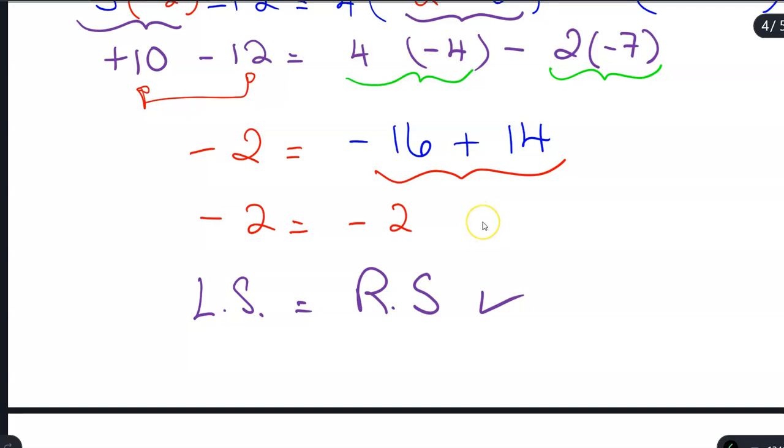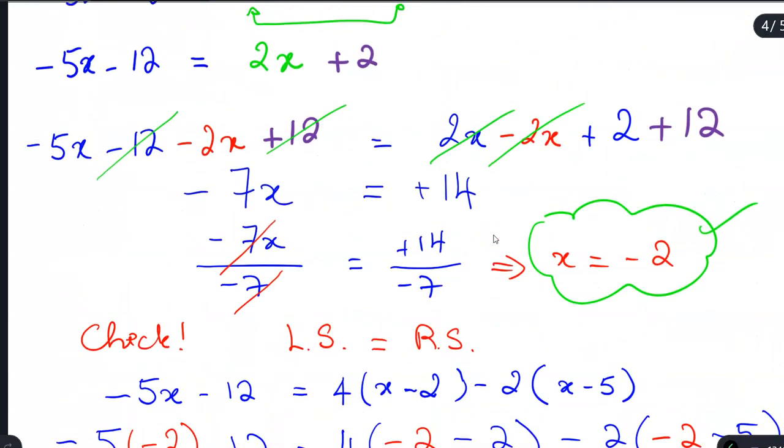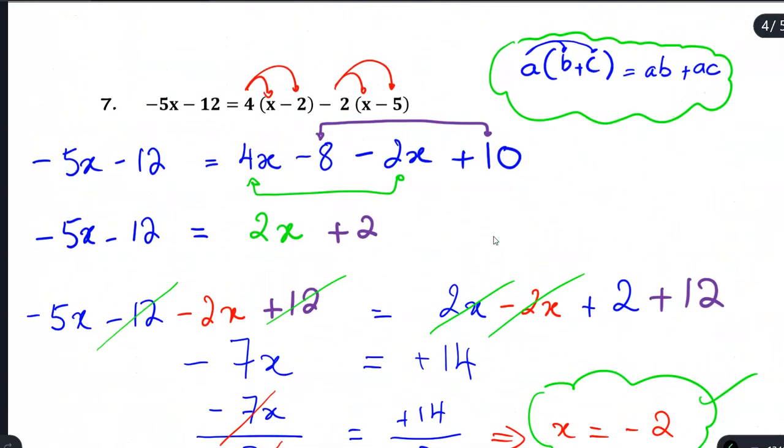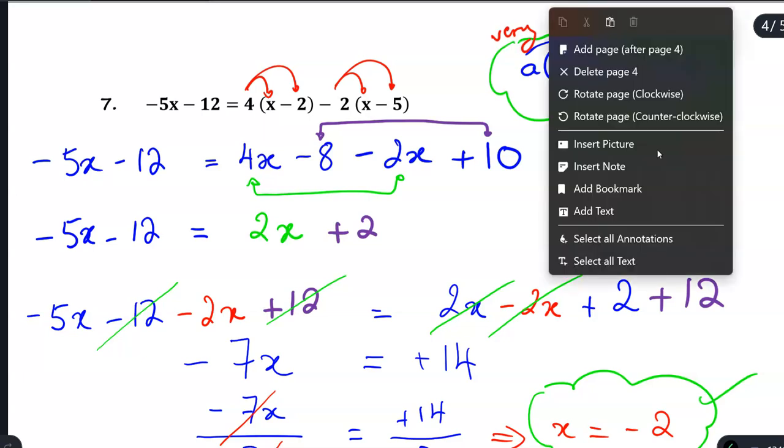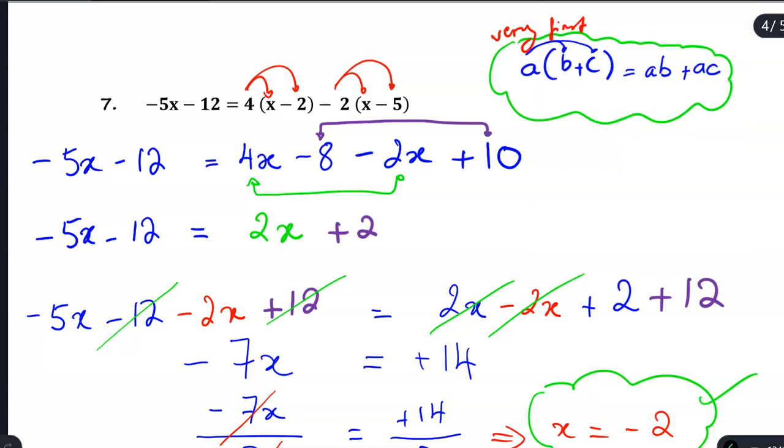Okay, so up to this point, I would like to mention to everyone that once you encounter an equation like this, if x is inside the brackets, the very first step is to remember the distributive rule. So this is the very first step. Okay, the very first step is to apply the distributive rule.